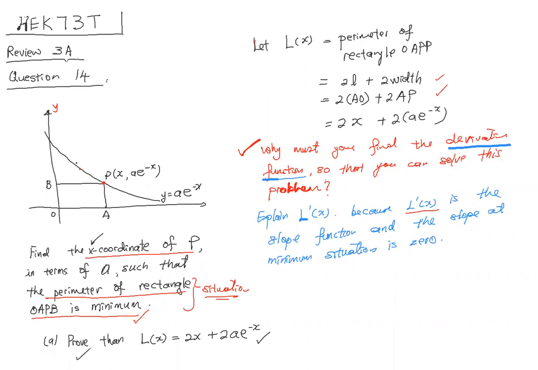So I will do my L prime x. That is equal to 2 minus 2a e to the power negative x. Cindy, am I doing it correctly? My L prime x?